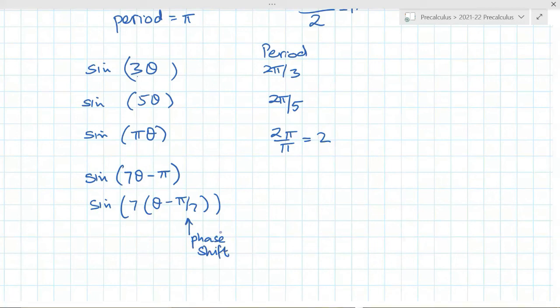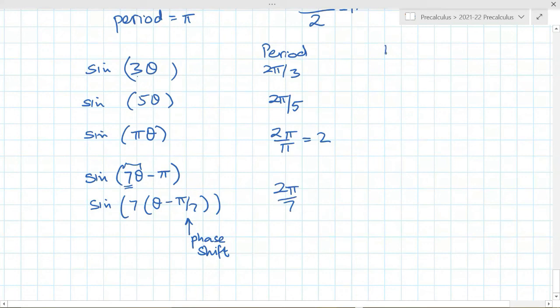That is not changing its period. It's only moving it left or right. So for this minus part, there is no theta here. You just have to see the multiplier of theta to find the period. With this minus or plus, there is no theta, so that one is just a shift. So the period here is still 2 pi over 7.